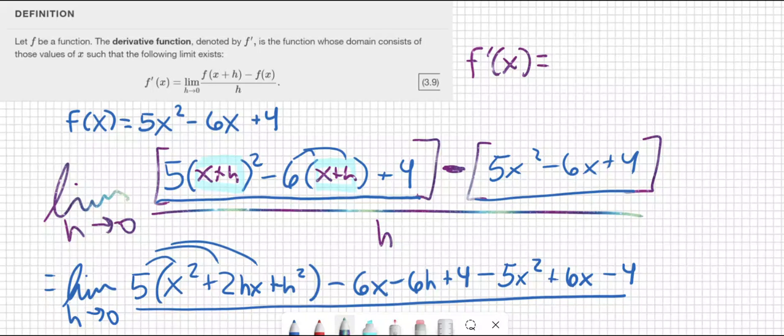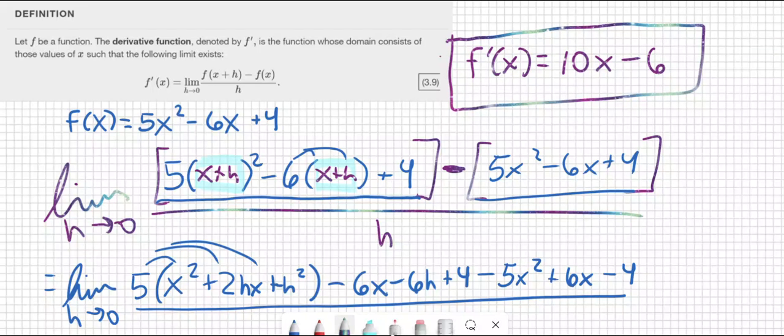So we just figured out the derivative function is 10x minus 6. We did that using the definition of the derivative, the whole thing about taking 2 points, taking the slope between them, and then taking the 2 points to be infinitely close together, taking the limit of the distance between them to 0. So that idea again.